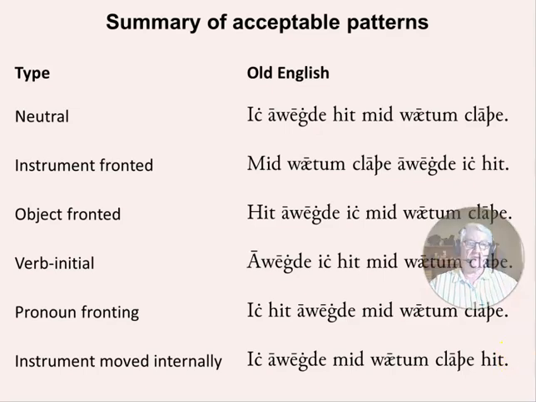All right, now, just a summary of acceptable patterns. We have the neutral pattern, ich ā-wēġde hit mit wētum clāþe, the usual pattern you might expect. Instrument fronted, mit wētum clāþe ā-wēġde ich hit. See how the instrument, then the verb in second place, displaces the subject, the nominative, to third place, and then finally the accusative object.